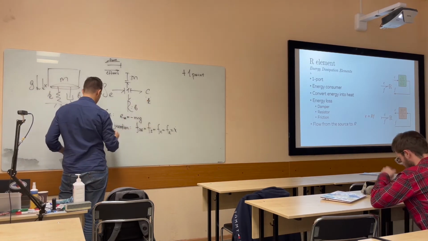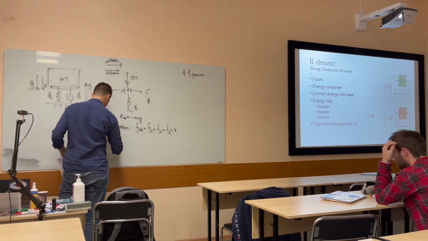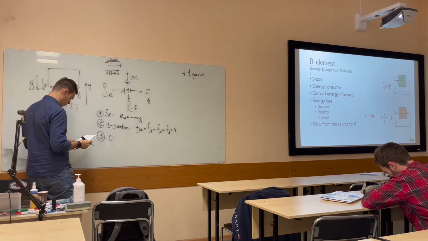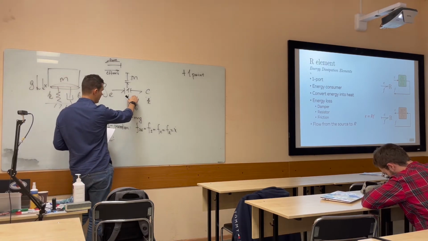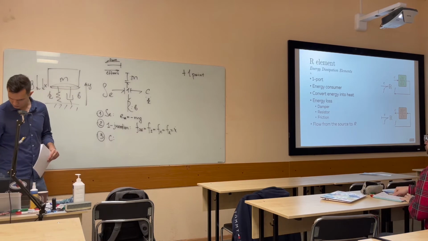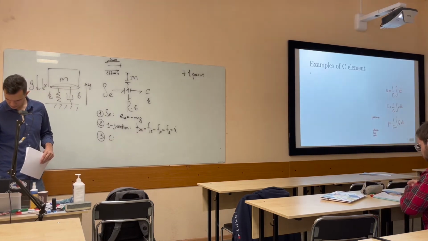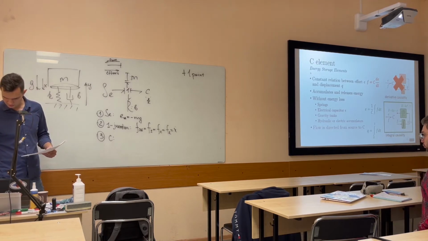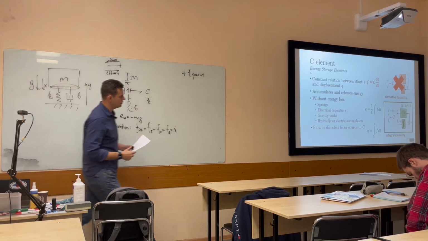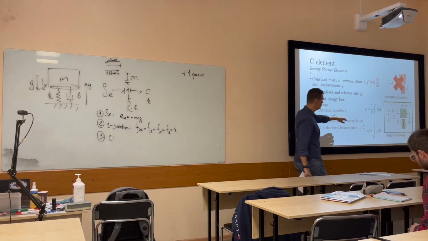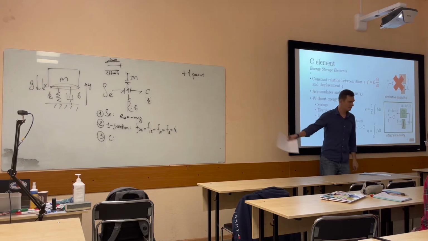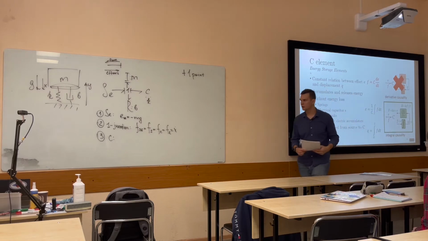Now let us consider the C element, our spring. Let me go to the picture. Yeah, here we use an integral causality, and the integral causality is the one where you know your flow and you calculate effort. The flow equals x dot, and we can put it here. So let us derive it.